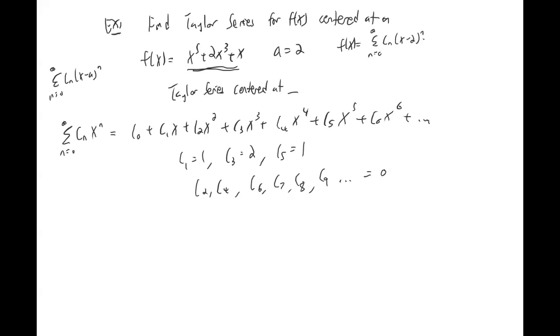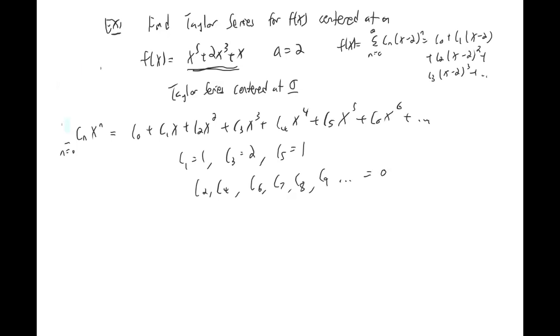So they want you to write it as c0 plus c1 times x minus 2 plus c2 times x minus 2 squared. So on and so forth, right? So does everyone understand the question? So they want you to recenter it at 2. Okay.